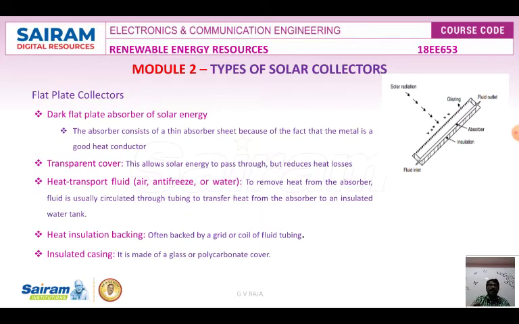Many collectors are there among the concentrating collectors. Here it is a non-concentrating collector, also called a non-imaging collector. A non-concentrating or flat plate collector has the same area for intercepting and absorbing the solar radiation.